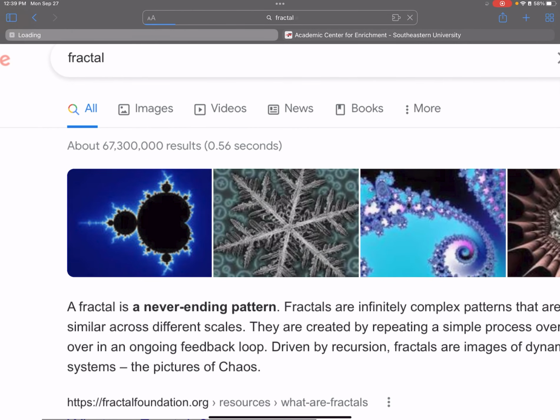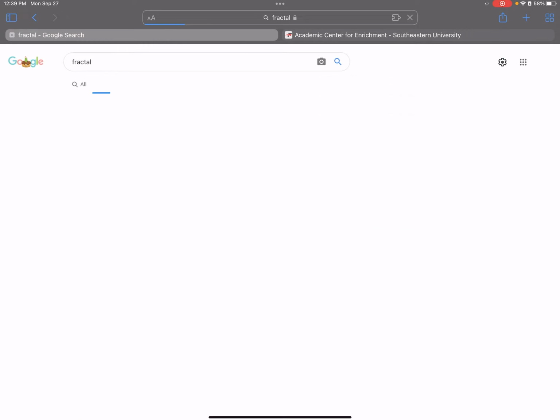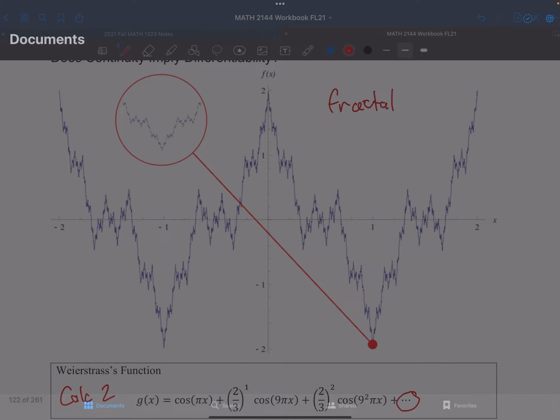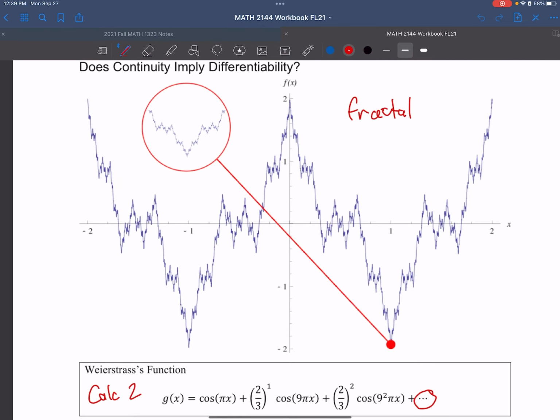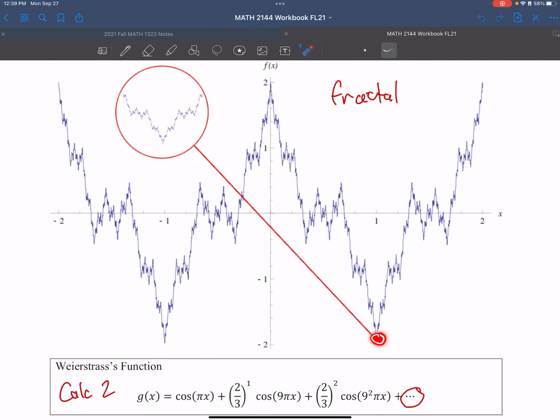I think you've maybe seen it in some art. On the left, we had something known as the Mandelbrot set, but these are fractals. And this function right here is interesting, if it shows back up for us. Because if you were to zoom in to any part of it, you basically find the original graph right here.